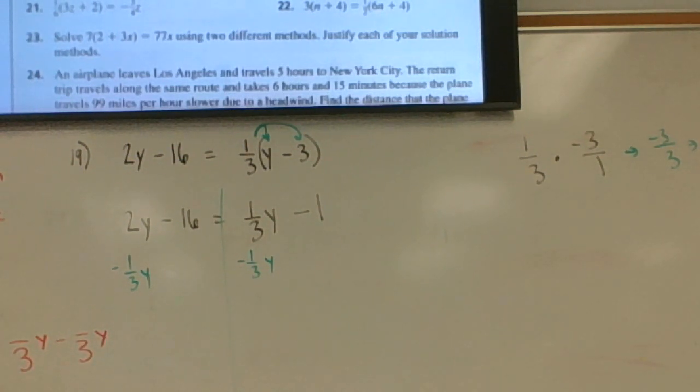And so how do I turn 2/1 into a denominator of 3? I multiply the bottom by 3, multiply the top by 3. And so 2 is the same as 6/3, right? 6 divided by 3 is 2. So now I have a common denominator. 6/3 y minus 1/3 y is 5/3 y.